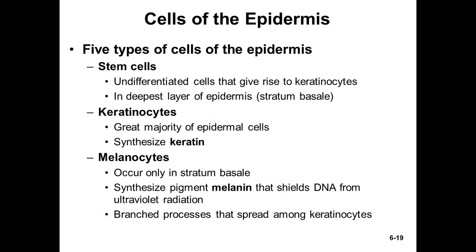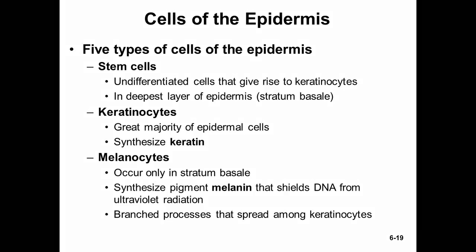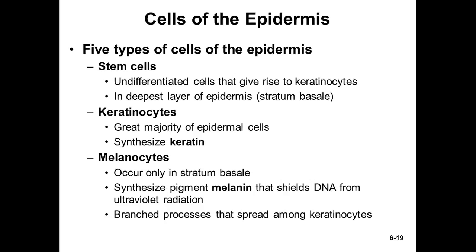One other thing you need to remember about the stratum basale is that it is the deepest layer. The rays from the sun can penetrate to the deep layer of the epidermis, causing basal cell carcinoma, which is a form of skin cancer that we're going to talk about a little bit later.